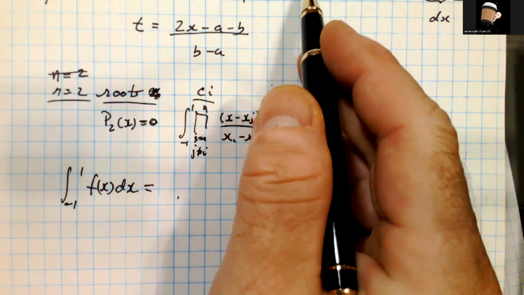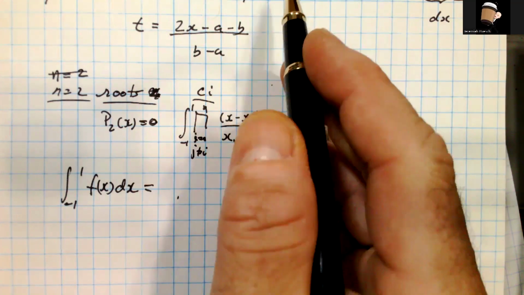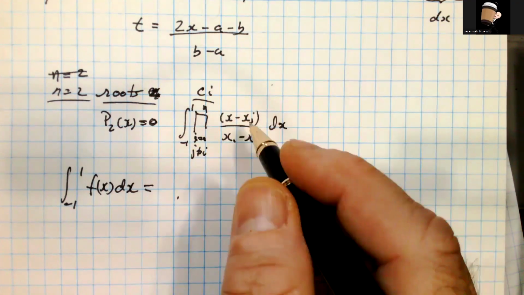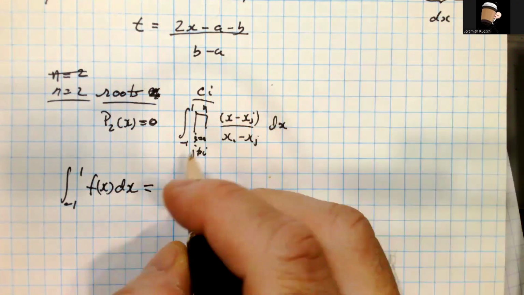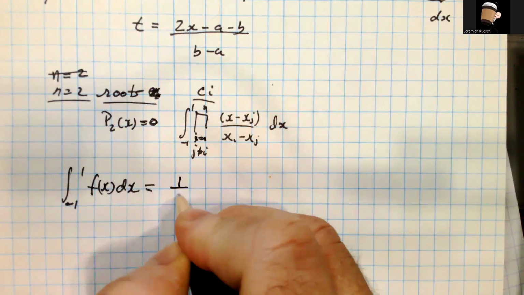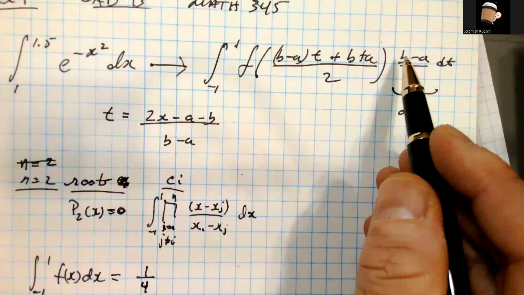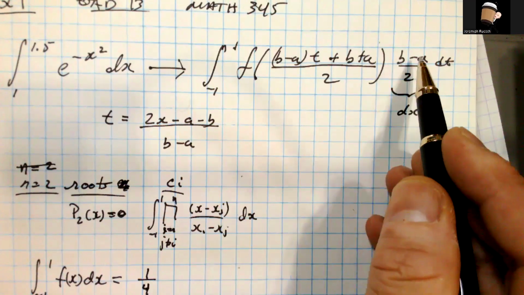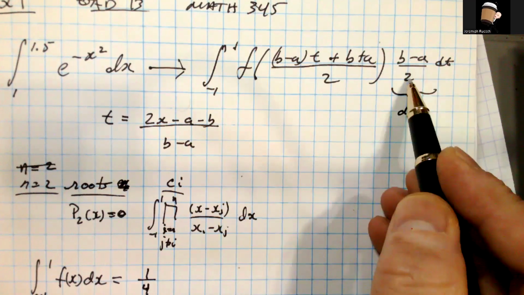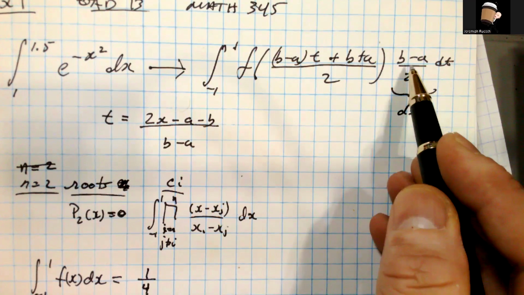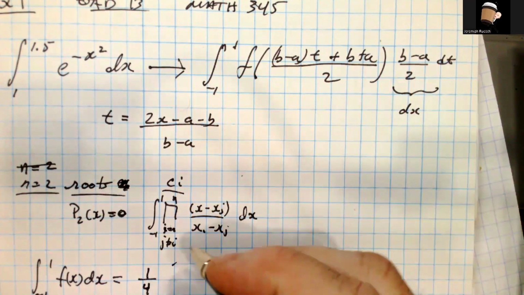And so we're going to have 1/4. Where's that coming from, you might ask? Well, up here we have 1/2 of 3/2 minus 1, divided by 2. So that's 1/2 of 1/2, which is 1/4. So that's where that's coming from.